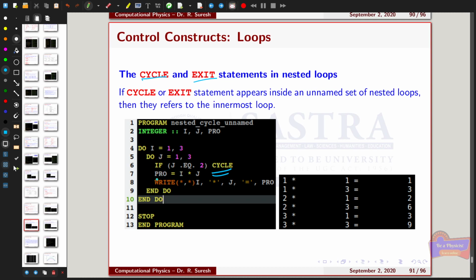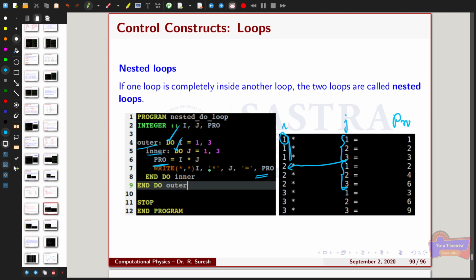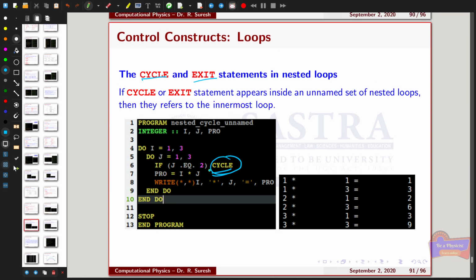For example, look at this program, where I have taken the nested loop without any names, and I have used the cycle statement in between. Again I am taking the product of the two, I and j, and the result will be printed here.